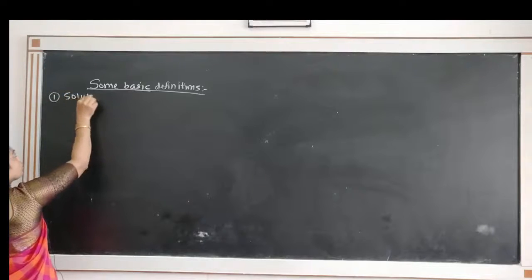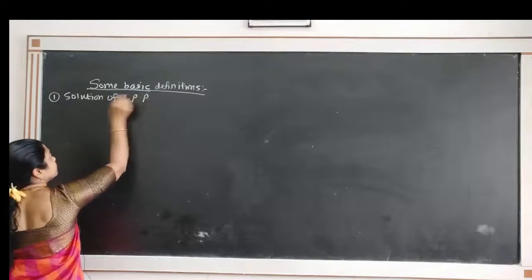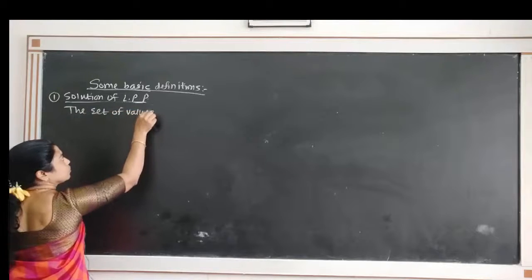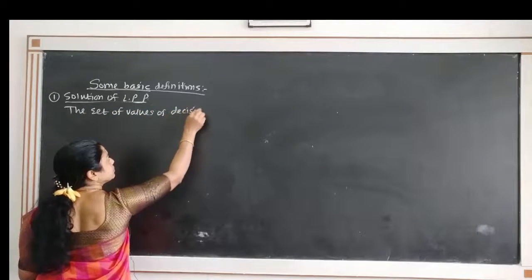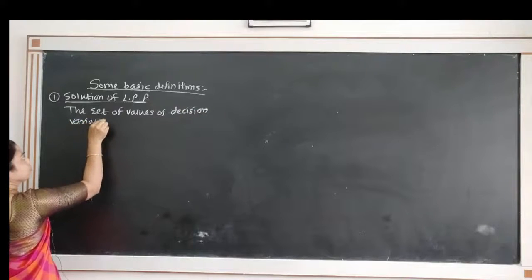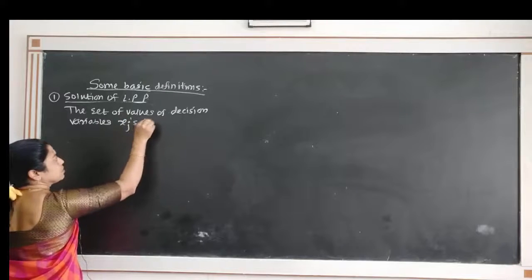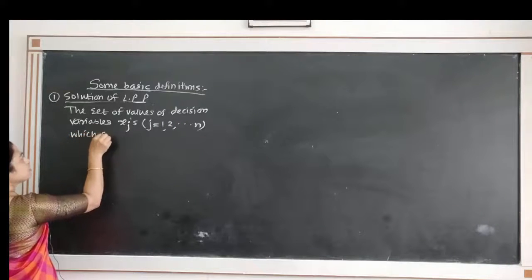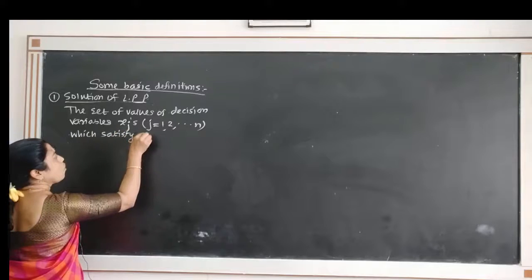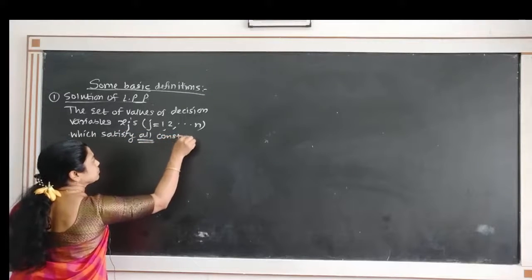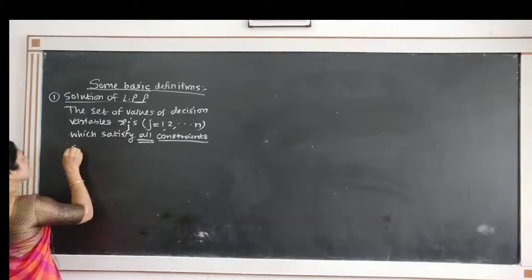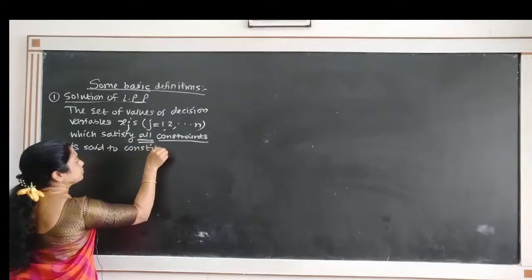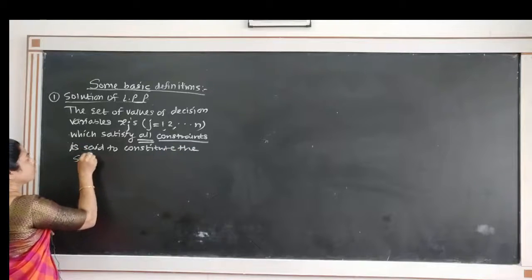First one, solution of LPP. The set of values of decision variables xj's, j running from 1 to n, which satisfy all constraints is said to constitute the solution of LPP.